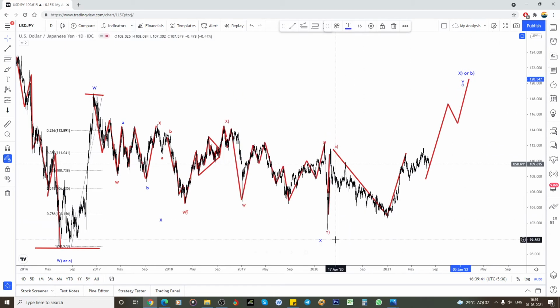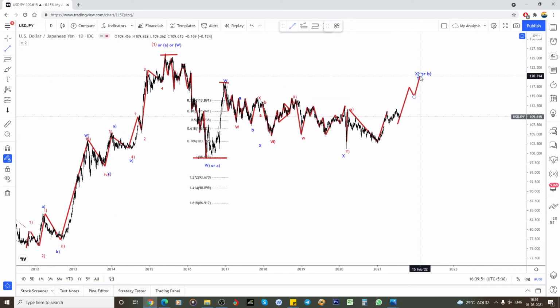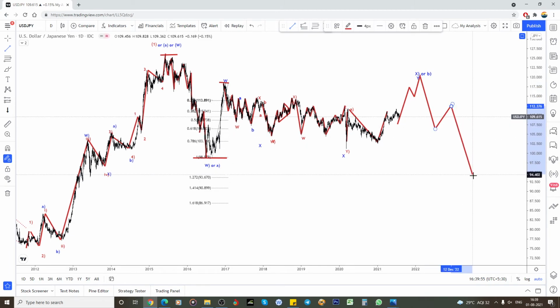So this W X Y, this is the W or A, this is the X or B. Now we are going to make one more leg in the 3-wave structure. If it comes in a 3-wave structure, that is again W, X and Y. But if it is an aggressive 5-wave structure, that will become A, B and C.